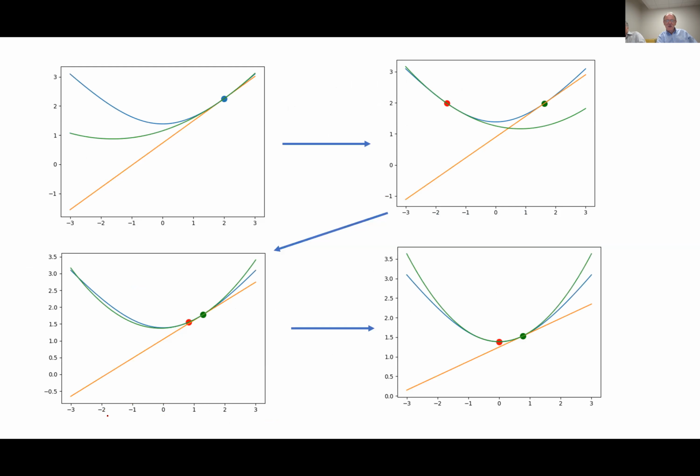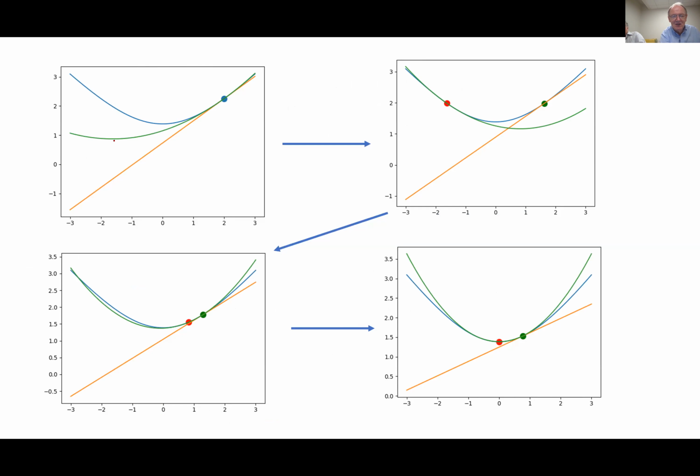So here's sort of what it looks like when we do this in one dimension. We start with this point here, and here the green one is the quadratic approximation, and the orange one here is the linear approximation. And so what Newton's method does, it says, okay, I'm going to approximate my curve with a quadratic one.